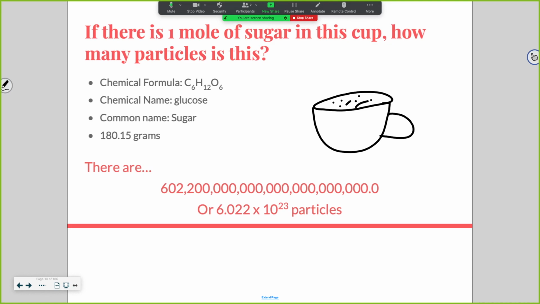And my formula, I know the name of it, what its common name is, and if I were to weigh this cup out, and I had 180.15 grams, if I weighed that cup out and just the sugar in it, then that would mean I have 1 mole of sugar, or 6.02 E23 particles, 602 septillion particles of sugar. 602 septillion little molecules of C6H12O6 in that cup of sugar. All right, we'll talk about how we got to that mass in grams in a little bit.